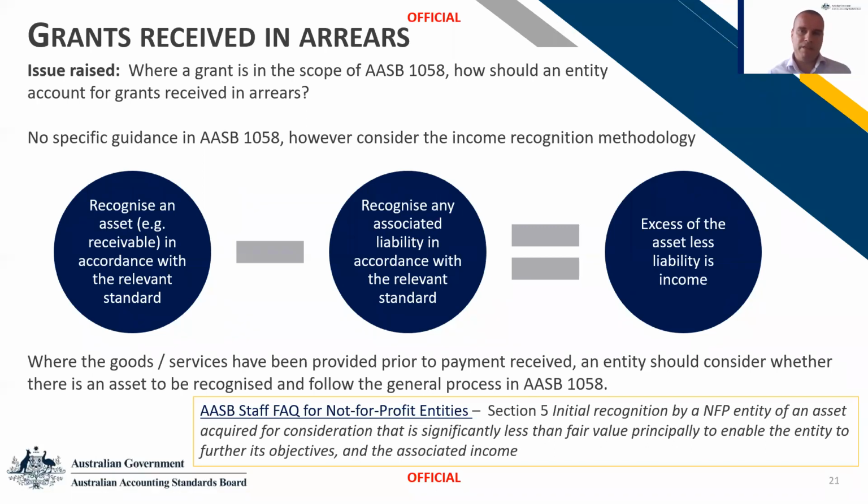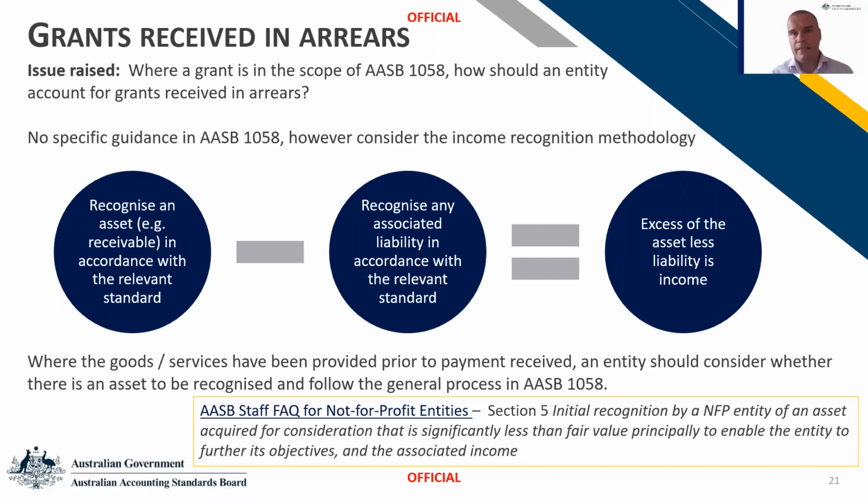So as we discussed, AASB 1058 is a residual standard, and so essentially entities are referred to the requirements of other relevant accounting standards to assess whether there is an asset to be recognized and measured. As in all circumstances and transactions, the entity has to assess the particular facts for that particular transaction.